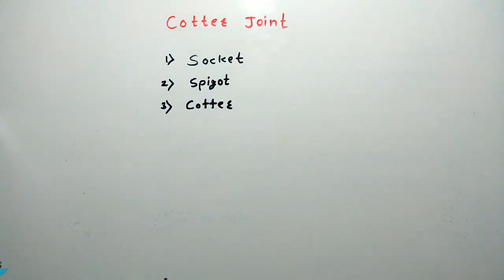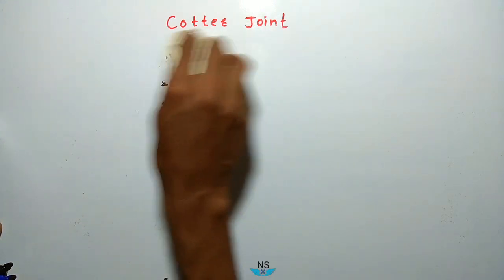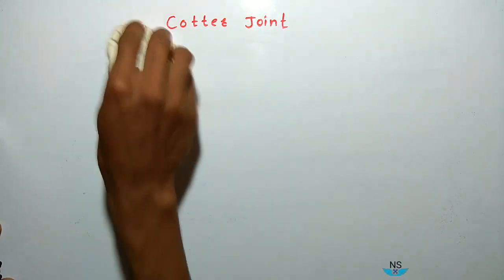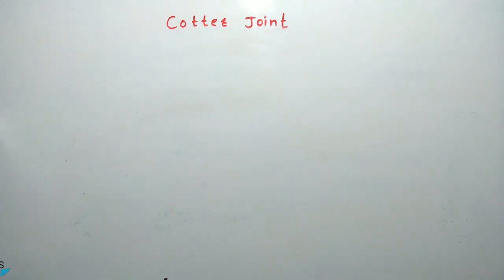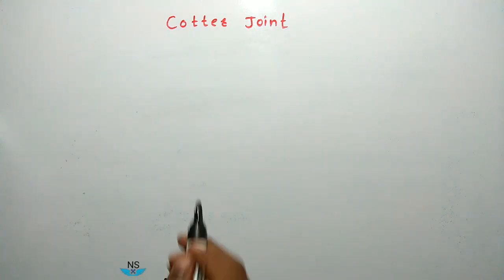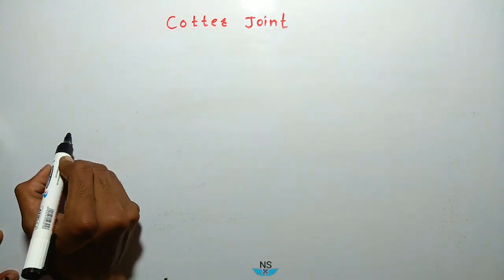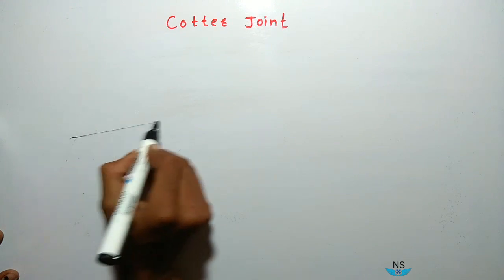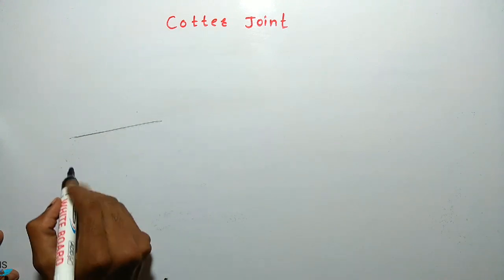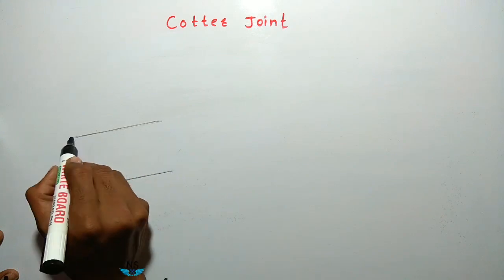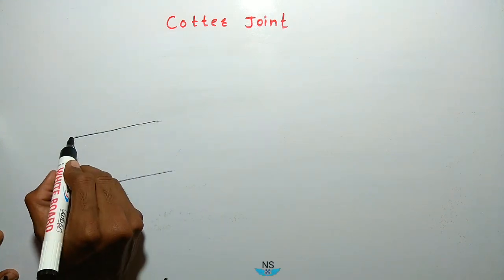Now I am going to draw the 3D views of each part and then we will see the design. Now let us see the socket. I am drawing the socket here.